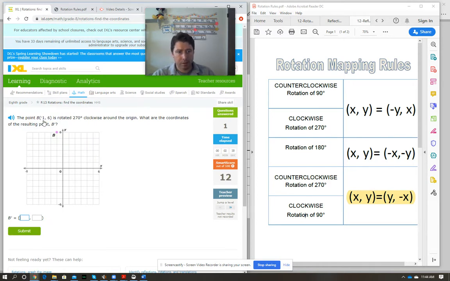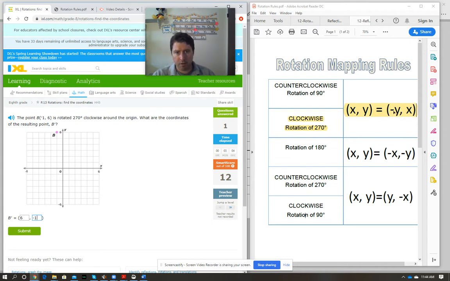Look at this one. This is -1, 6. It's rotated 270 degrees clockwise around the origin. We'll go over to here. 270 clockwise, which is right here. This is the rule. So they want you to follow this rule. So you're going to switch these. I'm going to flip -1, 6 to 6, -1. Now look at the y here.